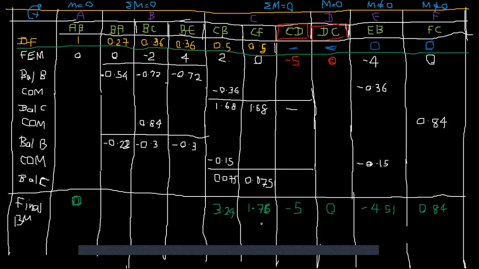So you can see, if you add 3.24 plus 1.76, this is equal to positive 5. So that is in balance with this anti-clockwise 5. So can you see? It's amazing, right? When you know the concepts well, you can check whether you are getting the right answer, right?